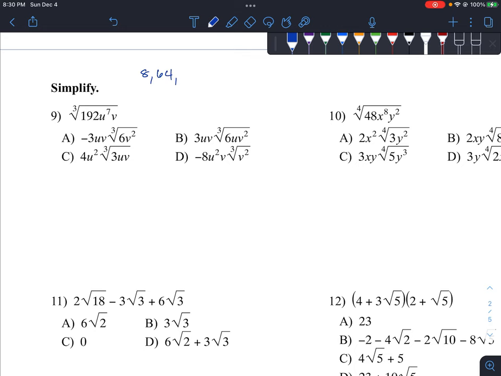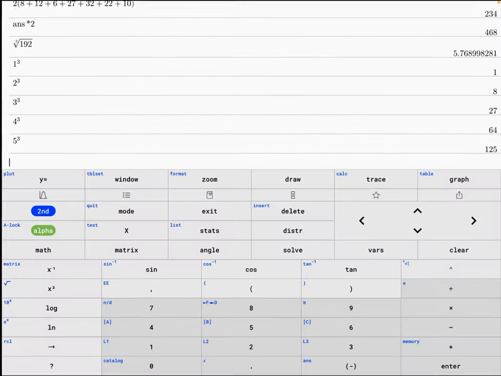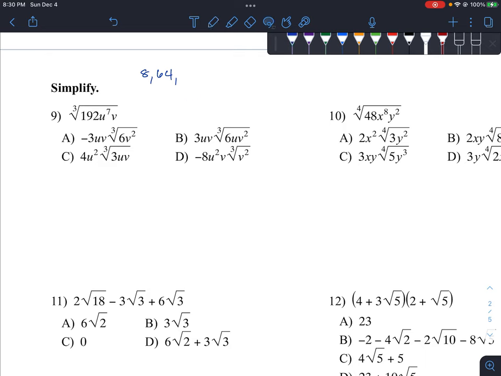And then what I want to do is see if any of these numbers are factors of 192, but I also want to see which is the largest one. I don't think 125 is going to go into 192, so let me start with 64.